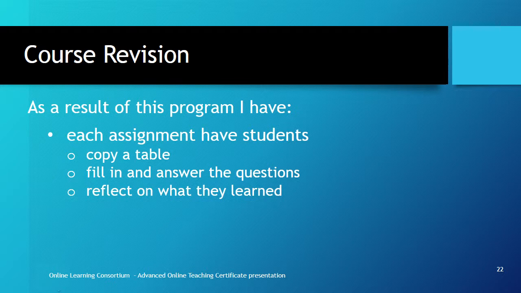It is a table that the students copy and paste into the document that they submit for their homework, and they answer the couple questions, and then they have an opportunity to state what they learned by doing that assignment, and then any question that they have regarding that assignment. They submit that then on the homework for that assignment. The next slide has a screenshot of that form.